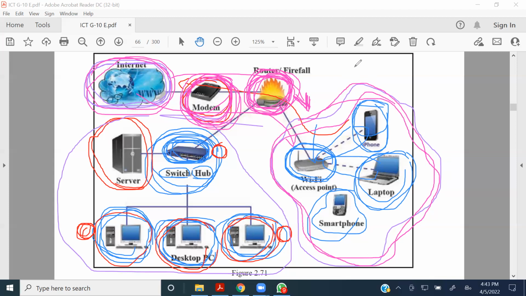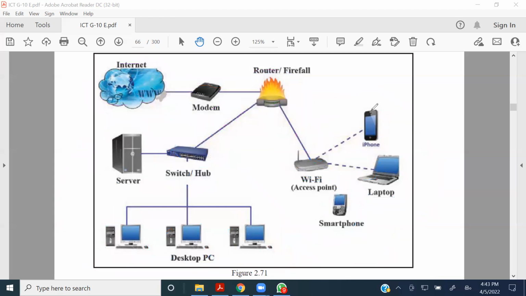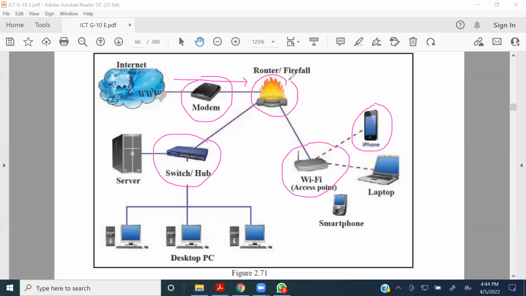Right? So is that clear? There are devices connected through the Wi-Fi access points, the switches and hubs, and we are connecting to the internet through a modem or a router. The things that we are receiving from the internet will be checked by the firewall.